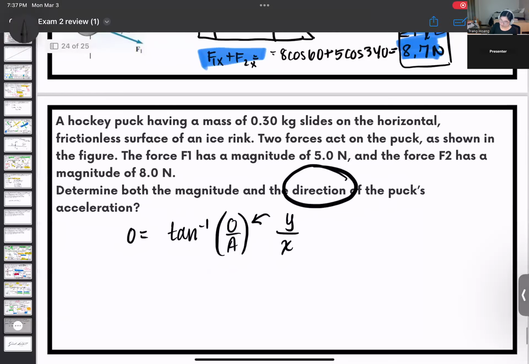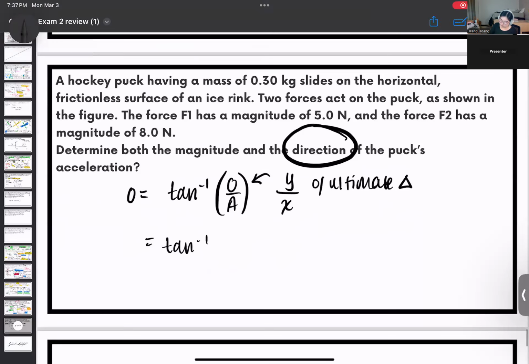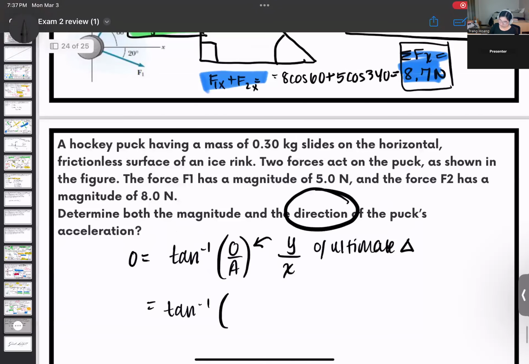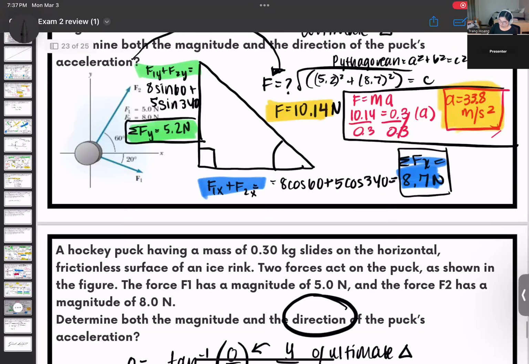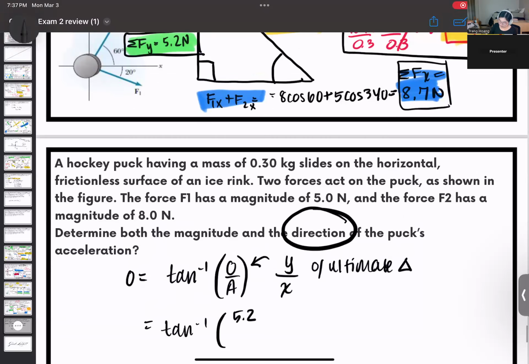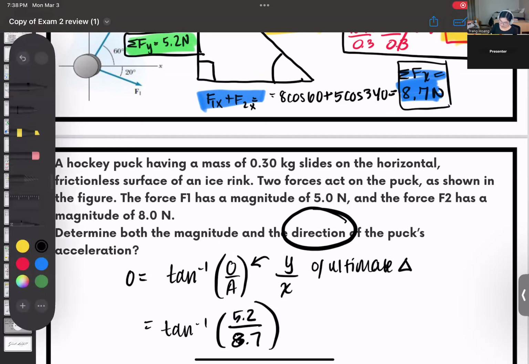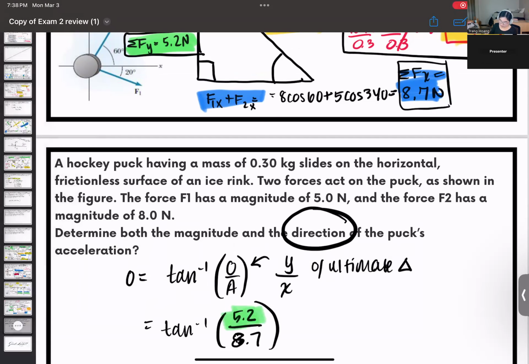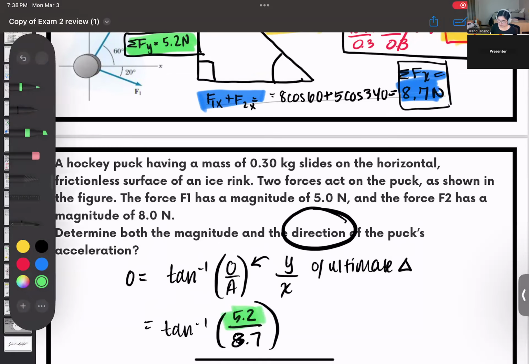So we do that, inverse tangent of Fy, which is 5.2, over 8.7. Let me go label it so that y'all can see it. I really want y'all to see where I'm getting these numbers from. Like, that's so important to me because I feel like that's the most confusing part, is figuring out where all this calamity sums up.